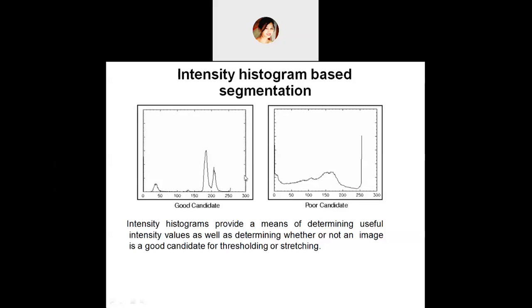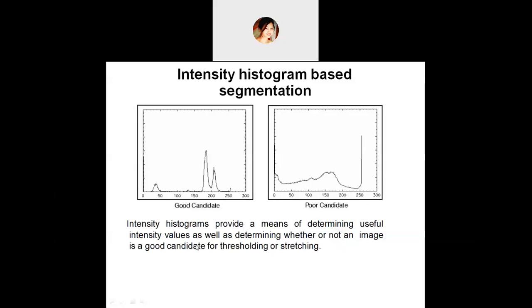From the first histogram, from the slope you can identify the intensity value, right? Because it is clearly depicted here. But in the second histogram it is not so proper, or not so clear. It is just a curve, a very poor curve in the histogram.